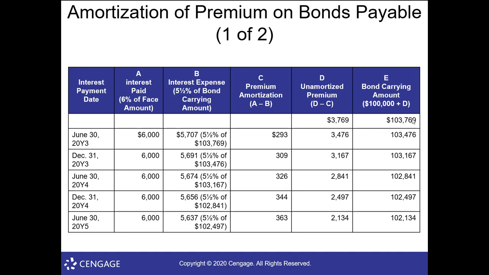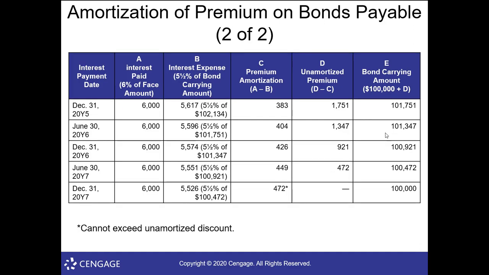Now you don't owe them as much. Now you only owe them $103,476. Next, 5.5% of that figure is $5,691, a difference of $309. And you do that over and over again until finally, once again, you're at the face value of $100,000.